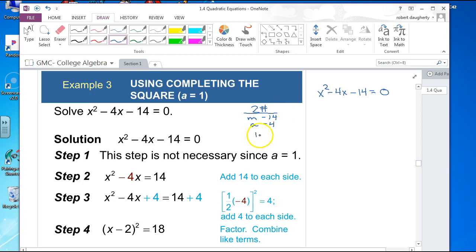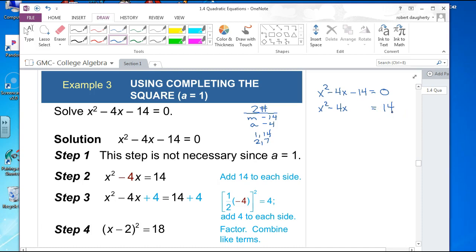What are the factors of 14? 1 and 14, and 2 and 7. There is no way I can multiply those numbers to get negative 14 and then combine them to get negative 4. This cannot be factored. So what I can do is something like this. x squared minus 4x, let's move that 14 to the other side.